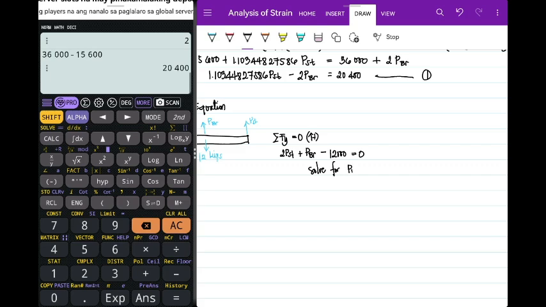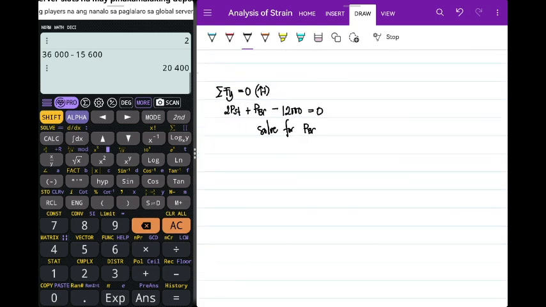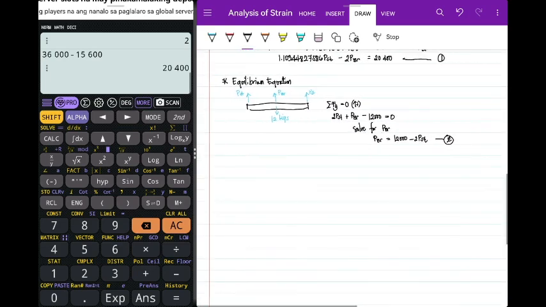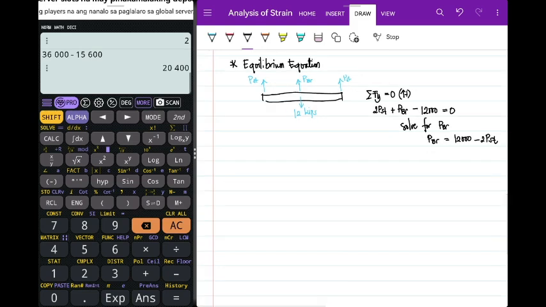Okay, solve for P sub BR, but nevertheless, you can always do the opposite. If you want to solve first P sub ST, then you can go for it. Still, provided that what you did is correct, you will end up with the same answer. But for my case, I opted to do P sub BR first.